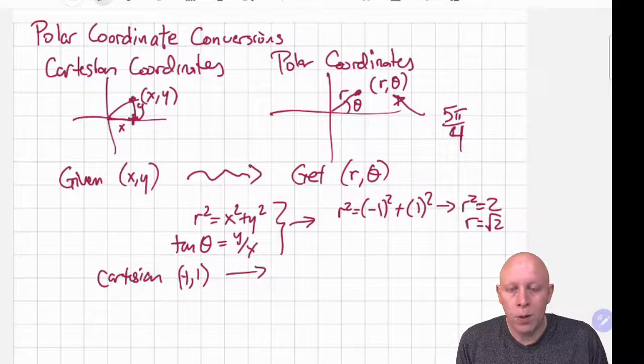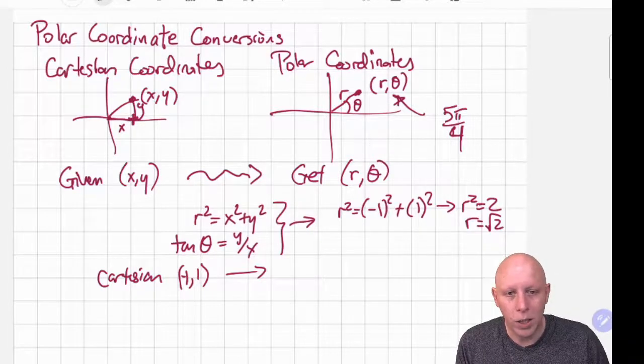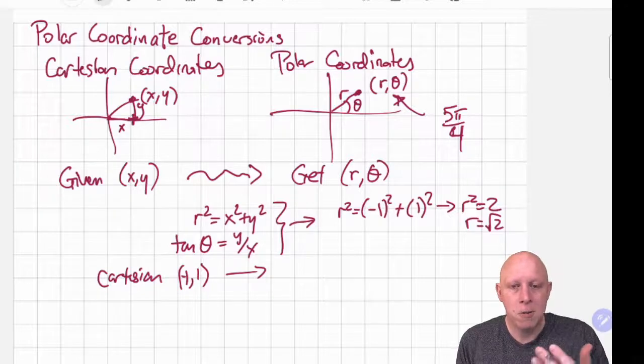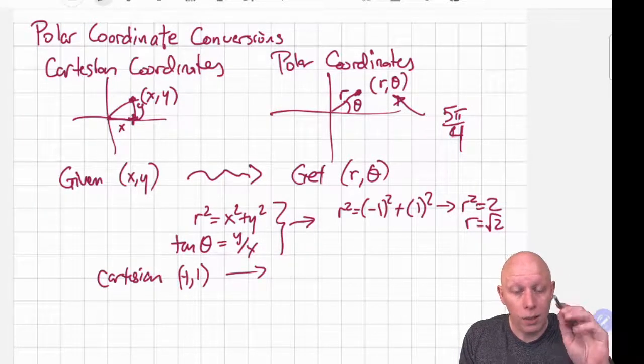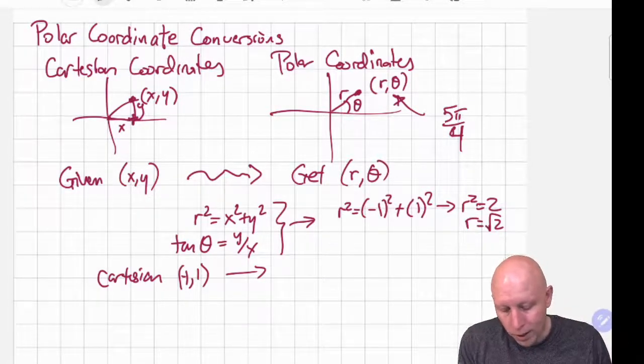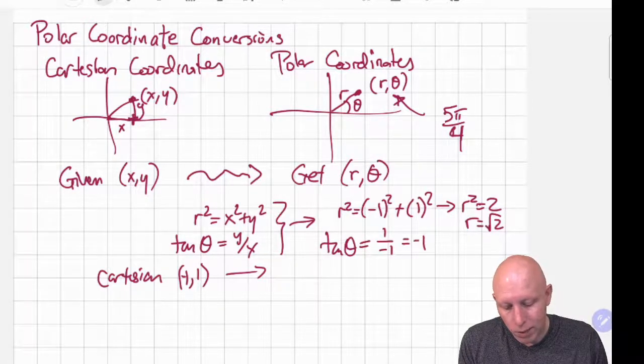And when we're doing this, we'll need to make sure that we have the right r and the right theta based on the quadrant where the point is. We have that tangent of theta is equal to y over x, so 1 over negative 1, which is negative 1.